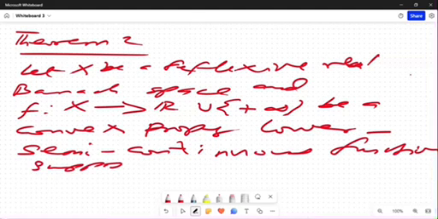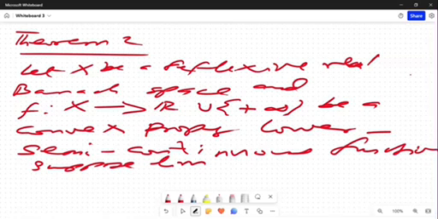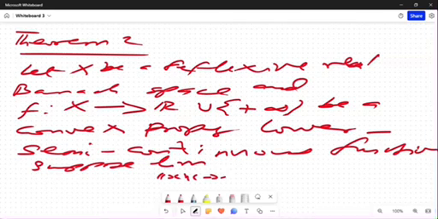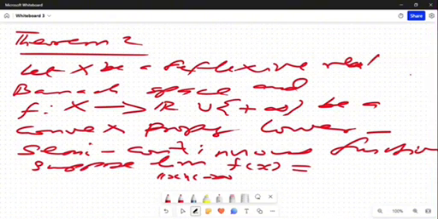Suppose that you have the limit as norm of x goes to infinity of f of x is equal to plus infinity.